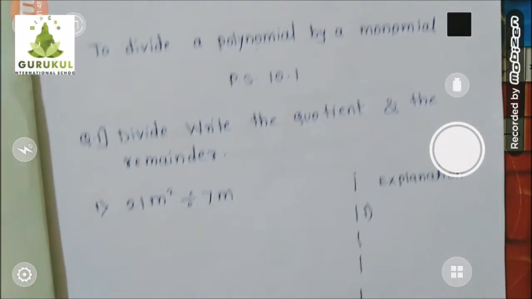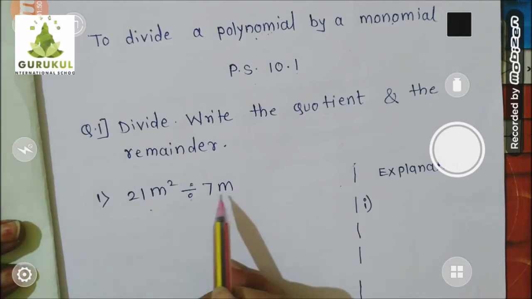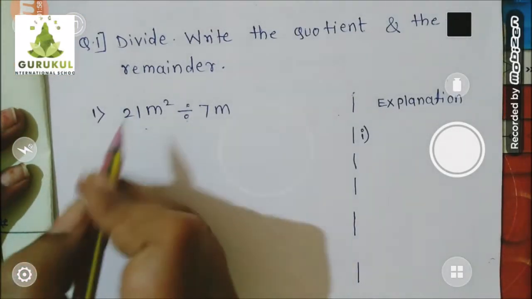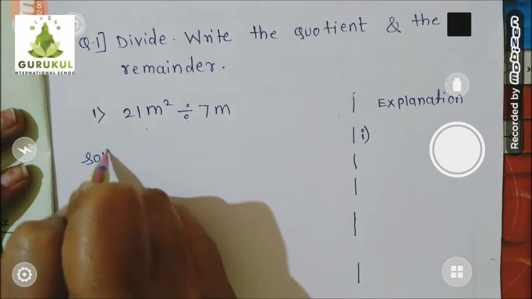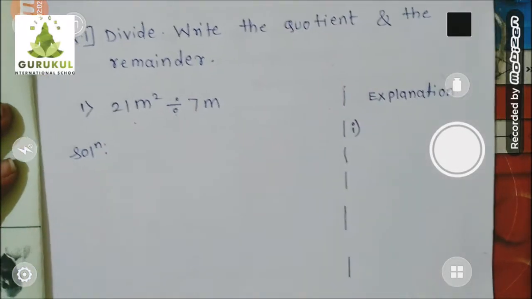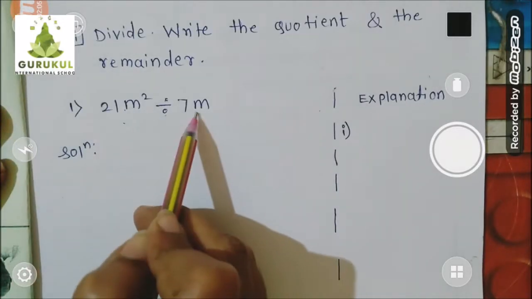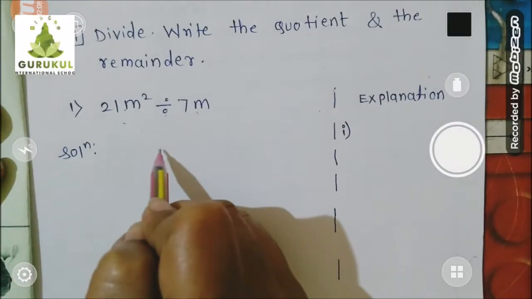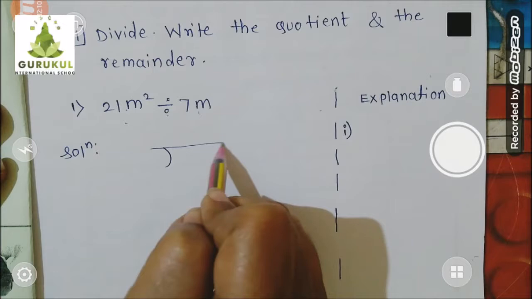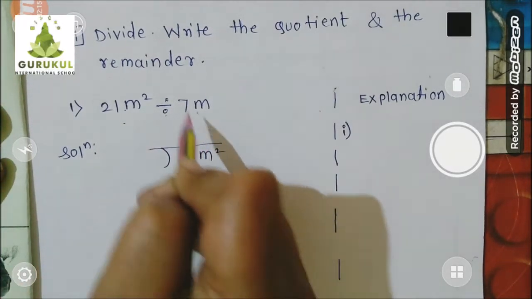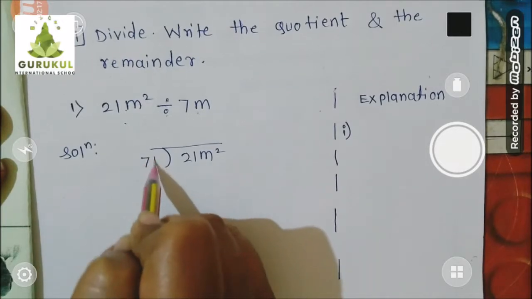Okay. So 21m square divided by 7m. It's easy, children. If you concentrate properly, it's not much tough. How to solve it? First, I will explain to you. It's the dividend and this is the divisor. So obviously, while writing, I will write 21m square over here, divided by which term? 7m.